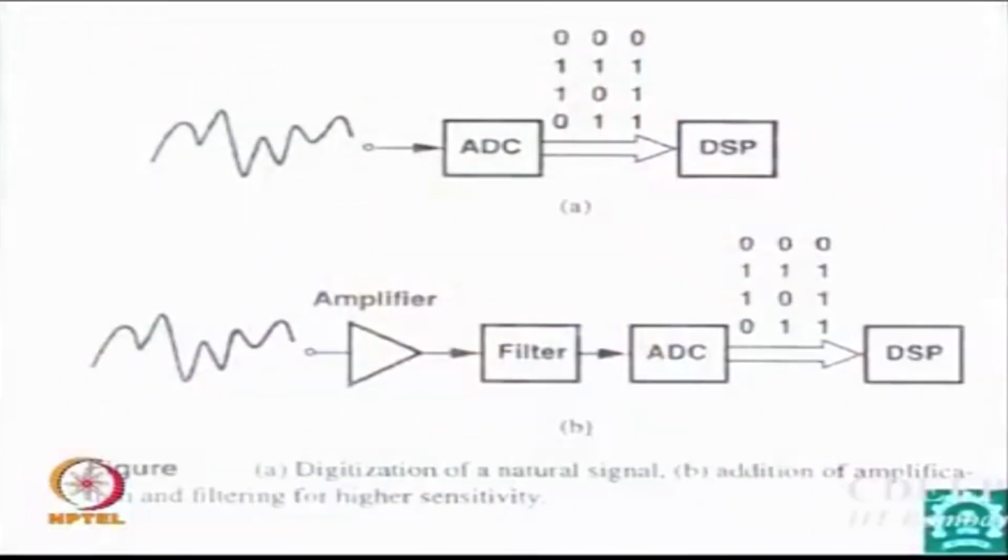Here is an example. I have an ADC and I have some analog input. If I convert it through the ADC, maybe I will get the same truth table or bit data something like this, which may be fed to a DSP. The problem is the strength or amplitude of the signal when you convert through an ADC, and if you have done ADC sometime, you know there is something called INL, DNL.